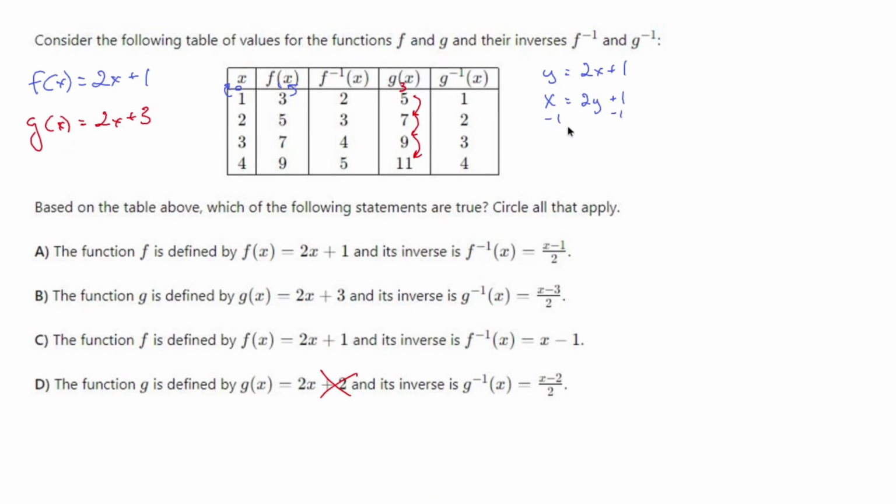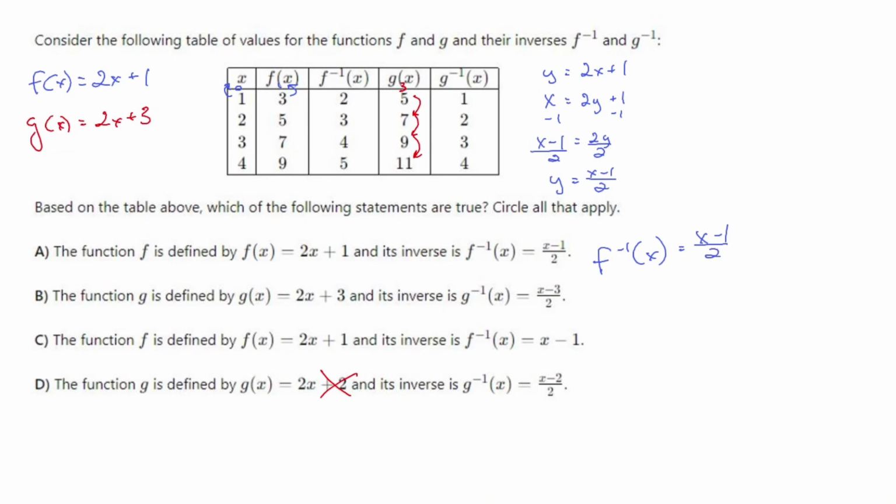Subtract 1, you get x minus 1 equals 2y. Divide by 2, and y is going to equal x minus 1 all over 2. Now this was f of x, so now we know that f inverse of x is x minus 1 all over 2.